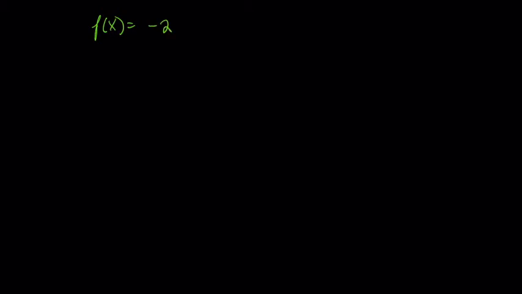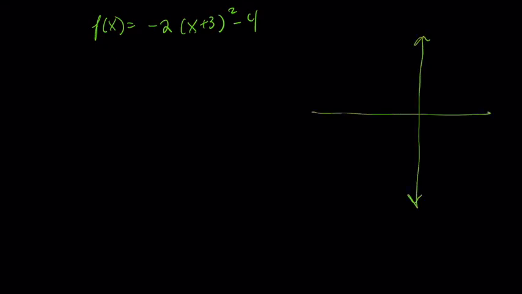So I have the function f of x equals negative 2 times x plus 3 squared minus 4. So we're going to take our original parabola, and I know a couple things from looking at my equation. So one, this is shifted down 4. This is shifted left 3, right?